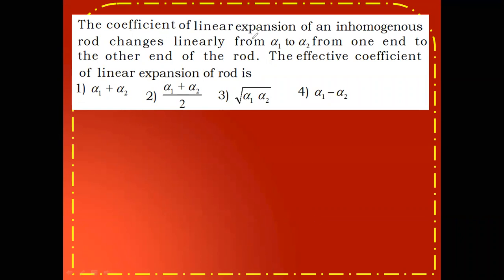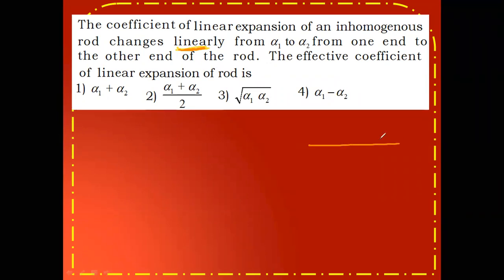The coefficient of linear expansion of an inhomogeneous rod changes linearly. If it is changing linearly from alpha 1 to alpha 2, from one end to the other end of the rod, find the effective coefficient of linear expansion.